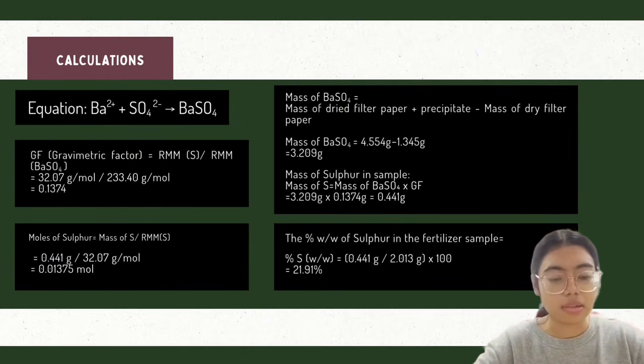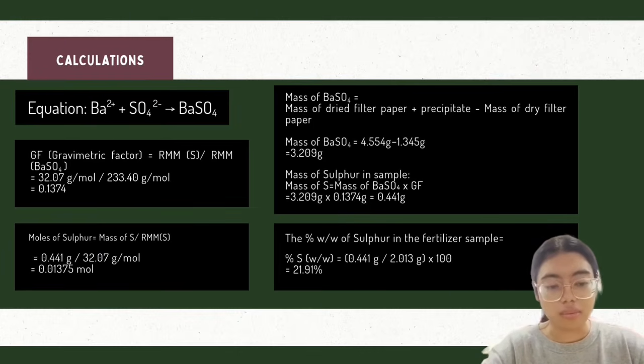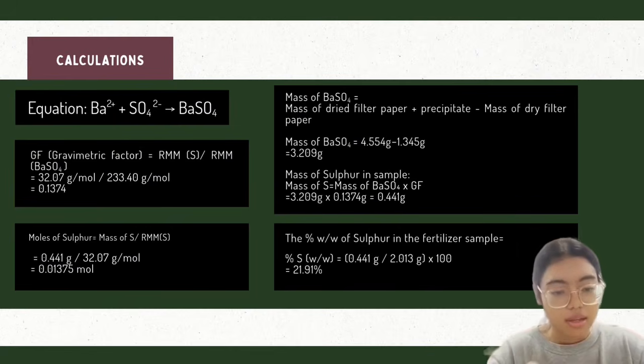To calculate this, we must take the mass of dry filter paper plus precipitate and then minus the mass of dry filter paper. So the mass of dry filter paper plus precipitate, which is 4.44 gram, minus the mass of dry filter paper, which is 1.345 gram. Thus the calculation is 3.209 gram.